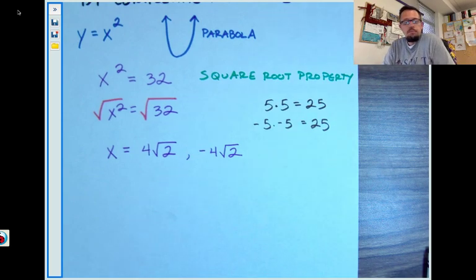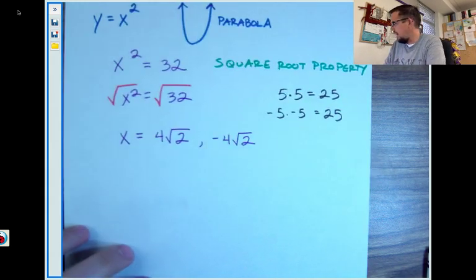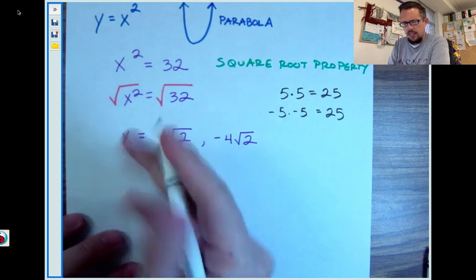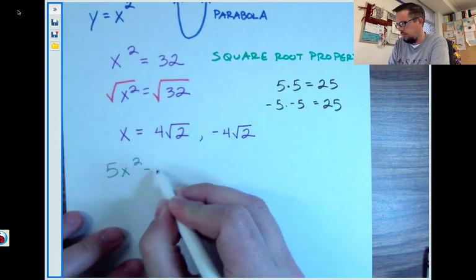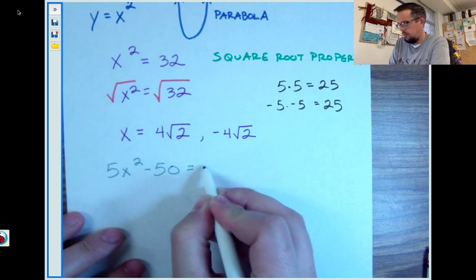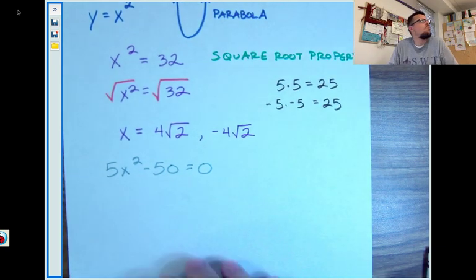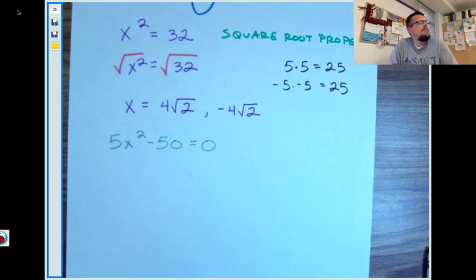Okay? So, what do you do if you've got one that's not set up quite as nicely? For example, I can still use the square root property here if I want. I'm just going to have to do a little work. In the last one, when I used the square root property, x squared was all by itself.